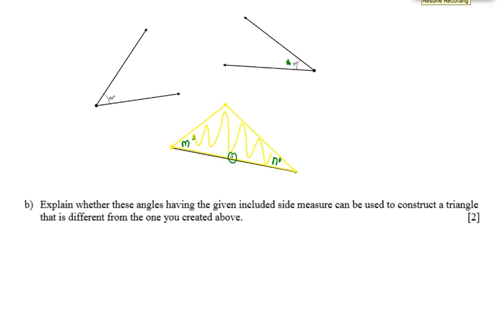Okay, as we look at part B, I just cleaned up our diagram, leaving the triangle that we created. Let's see what we're supposed to do here. The directions say to explain whether these measurements, the angles and the included side, could be used in a way that produces a different triangle other than the one that you see here.